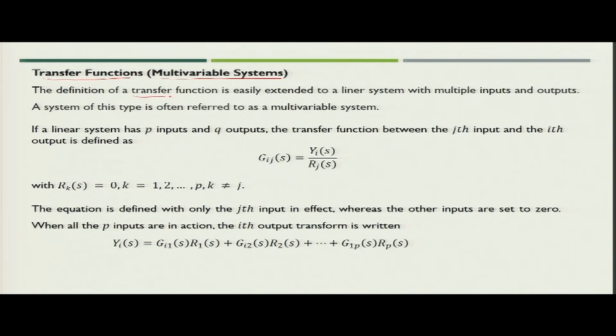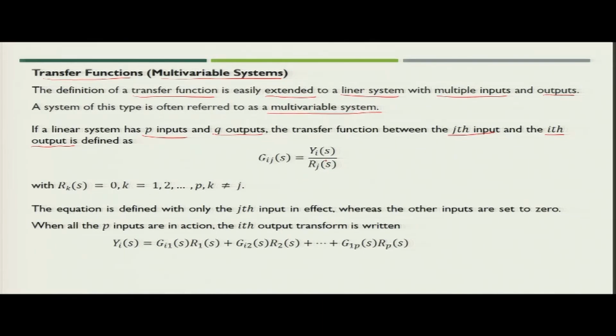Now, the definition of transfer function is easily extended to a linear system with multiple inputs and outputs, and this type of system we call a multivariable system. If a linear system has p inputs and q outputs, the transfer function between the jth input and the ith output can be defined as g_ij(s) equal to Y_i(s) divided by R_j(s).